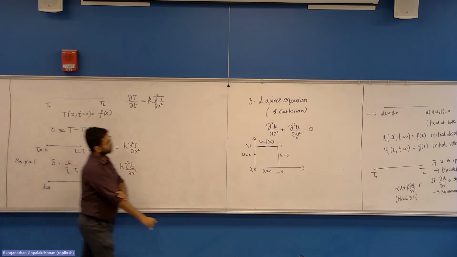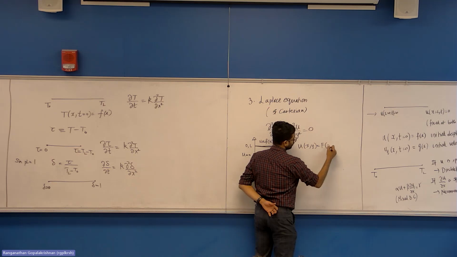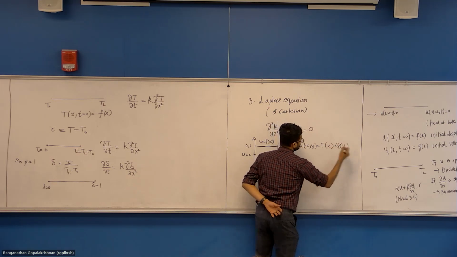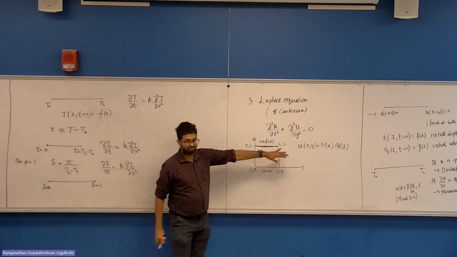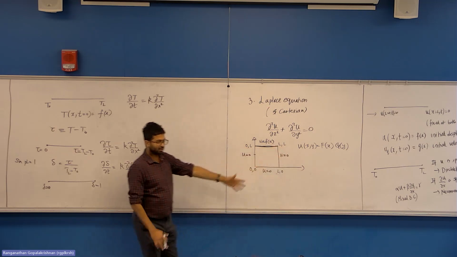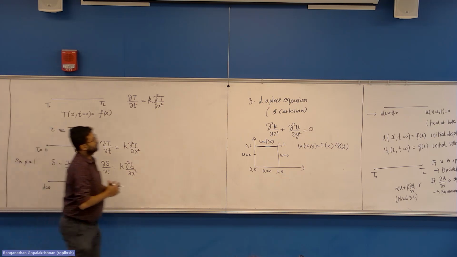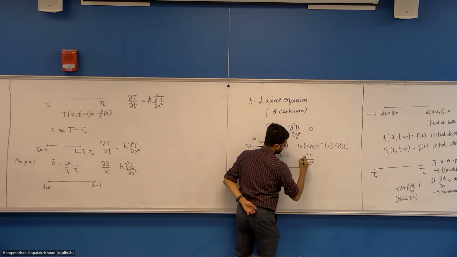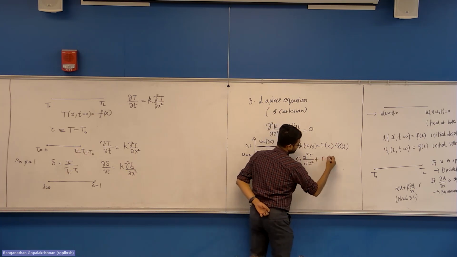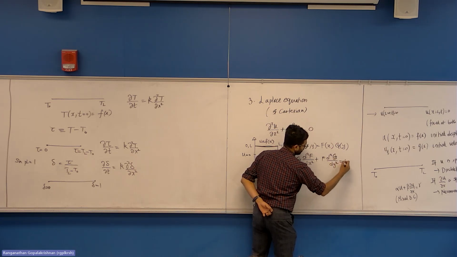So your first step is always common: write the function as a product of two functions, f of x times g of y. Only difference is both x and y are spatial functions, so we won't treat them like time, we have to treat them like space. Okay, that's all. So x and y can be negative, positive, and so on. So you would have d squared f over dx squared times g plus f times d squared g over dy squared equal to 0.